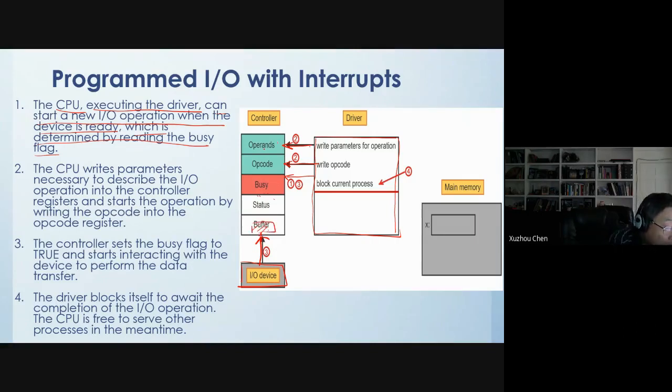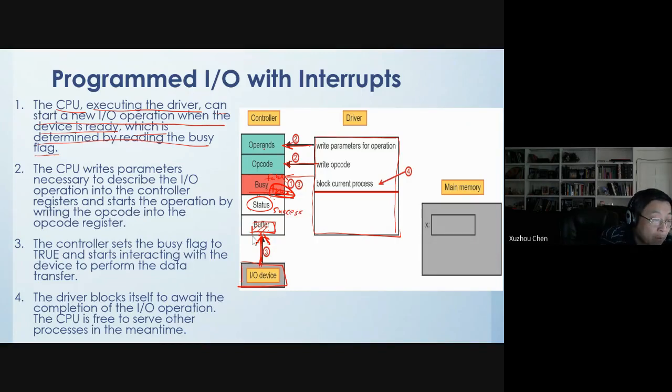Oh, sorry, the controller needs to set the busy register to true, to tell the other systems I'm busy. Then it actually starts to perform the operation. Once the operation is done, it changes the busy register to false and changes the status to success if the transfer of the data is successful.